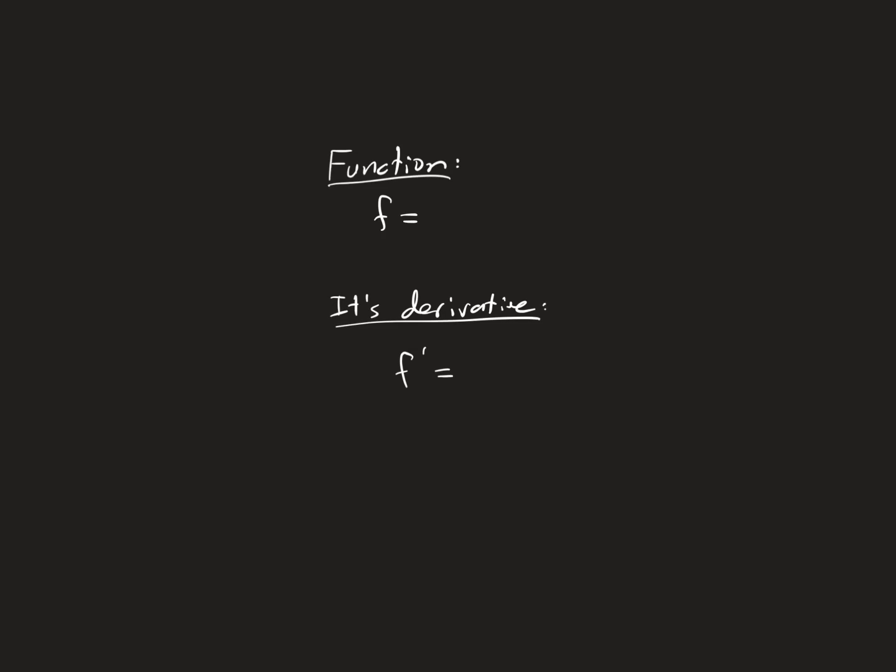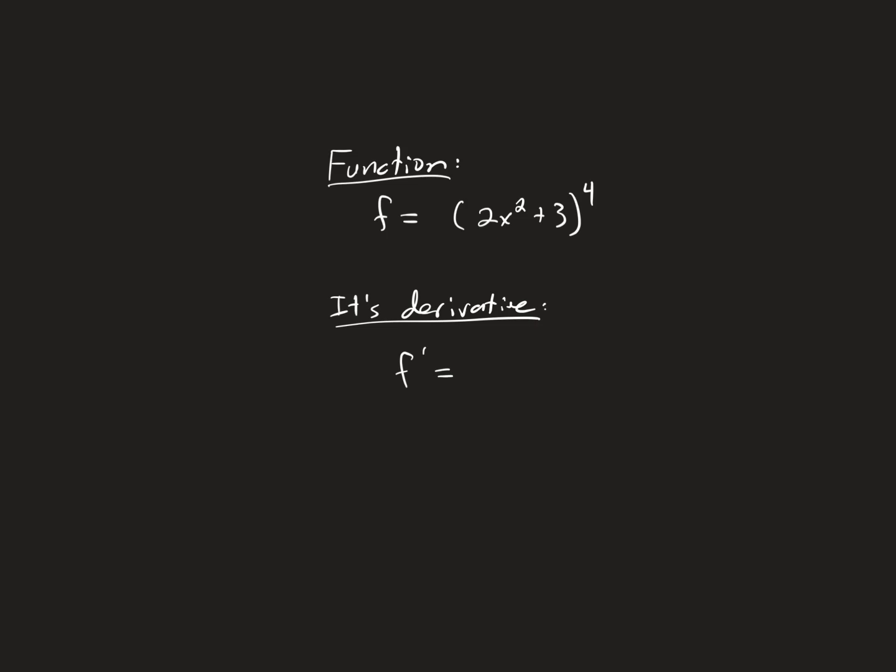Now, we know how to take derivatives of any number of functions, but what I would like to look at right now is something like 2x squared plus 3 raised up to the 4. When you look at something like this, taking its derivative would require a use of the chain rule.